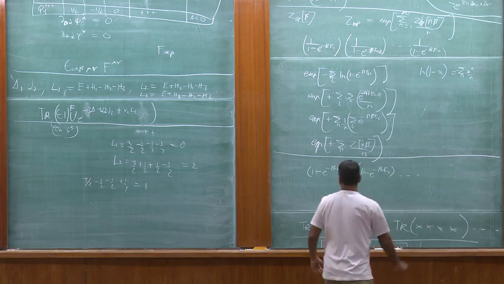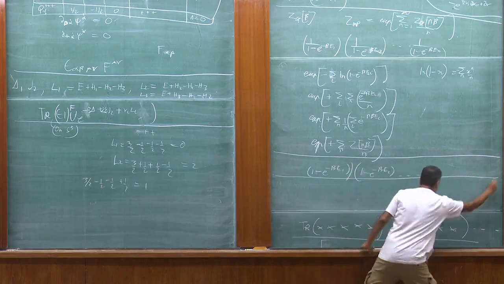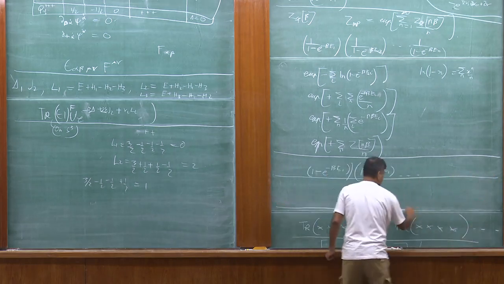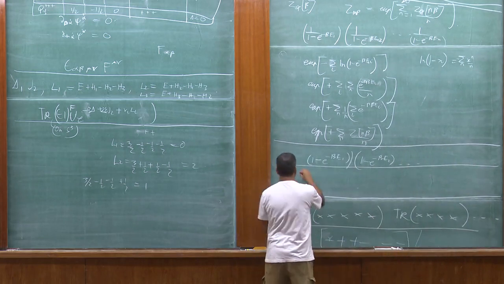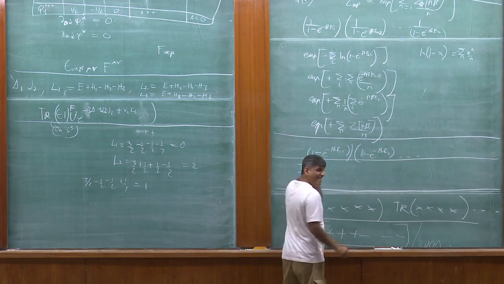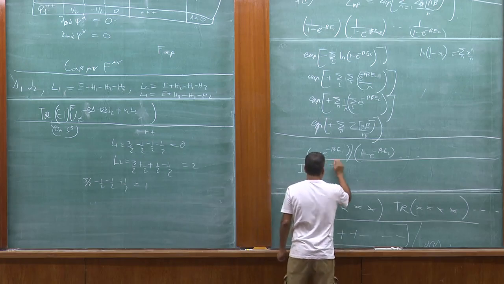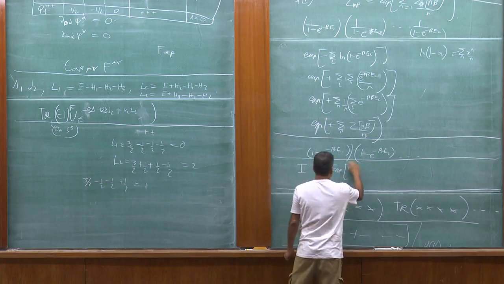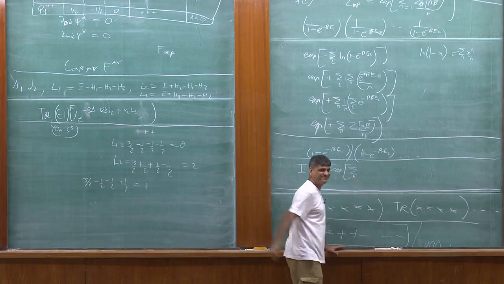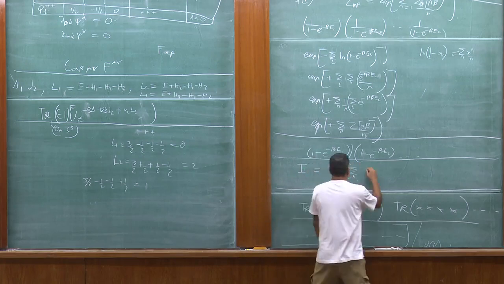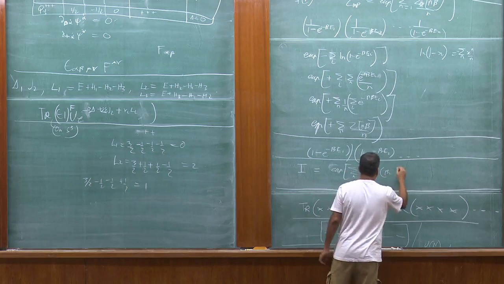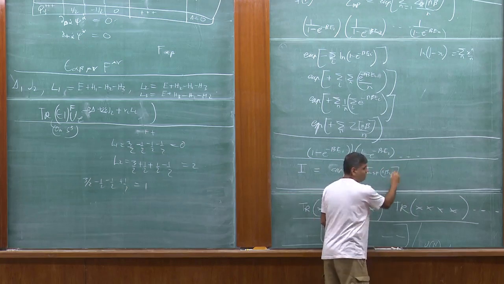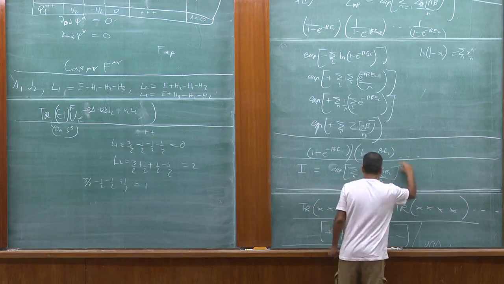Okay? And so we've concluded that the index for multi-particle states is simply equal to the exponential of the sum over n of the index over single-particle states, with all the chemical potentials, n times beta I, divided by n.